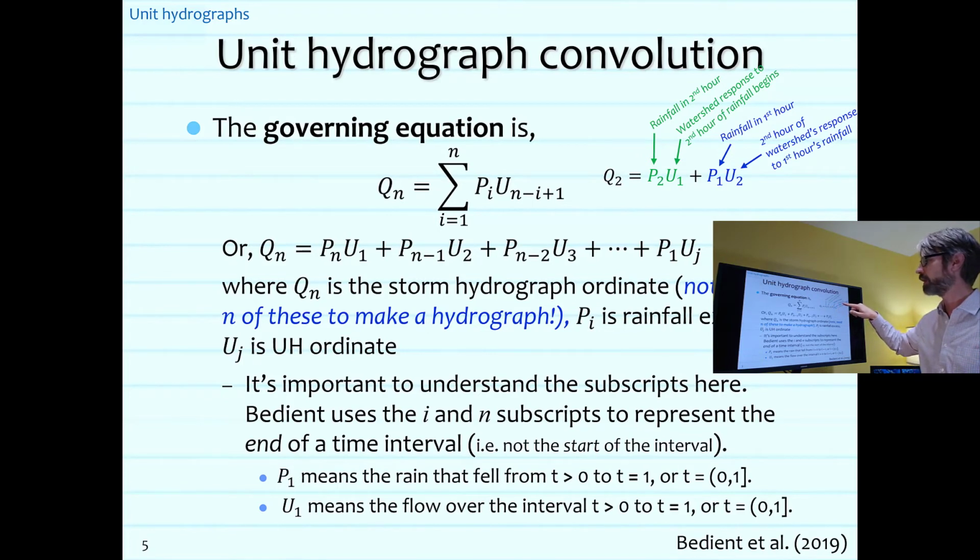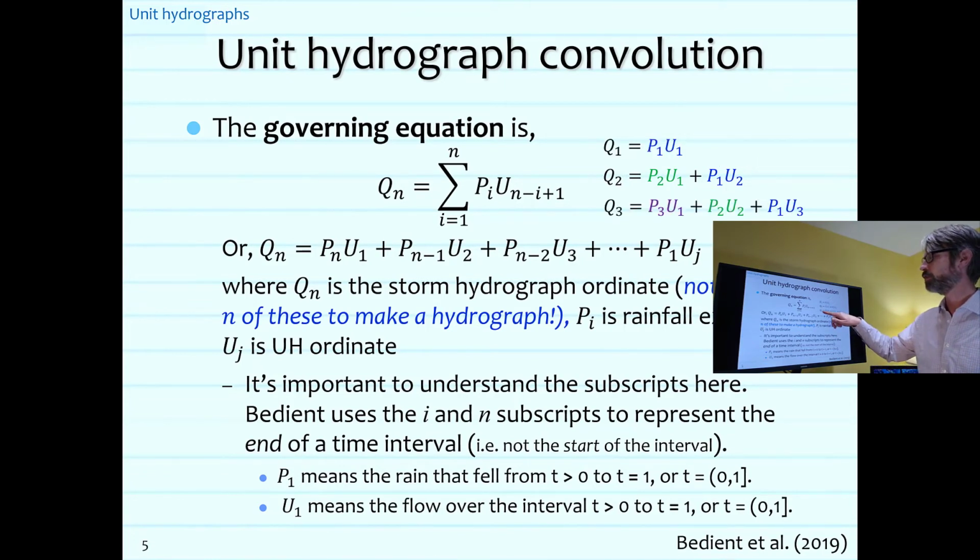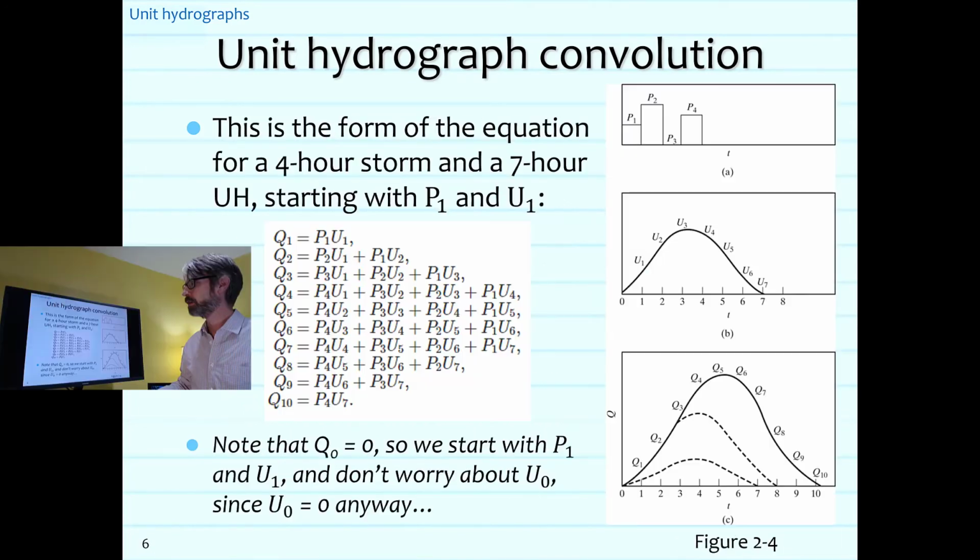So the second hour of the watershed's response to the first hour's rainfall. Remember, we do have this unit hydrograph curve, so even 1 hour of rainfall can lead to a 15-hour unit hydrograph, for example. And then expanding, Q3 would be P3 U1 plus P2 U2 plus P1 U3.